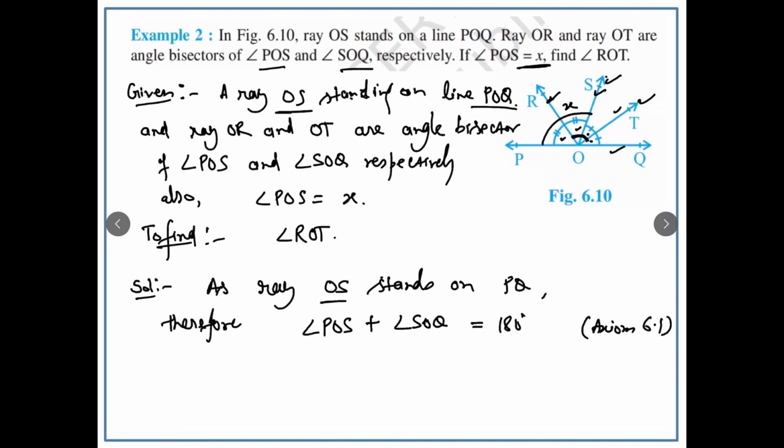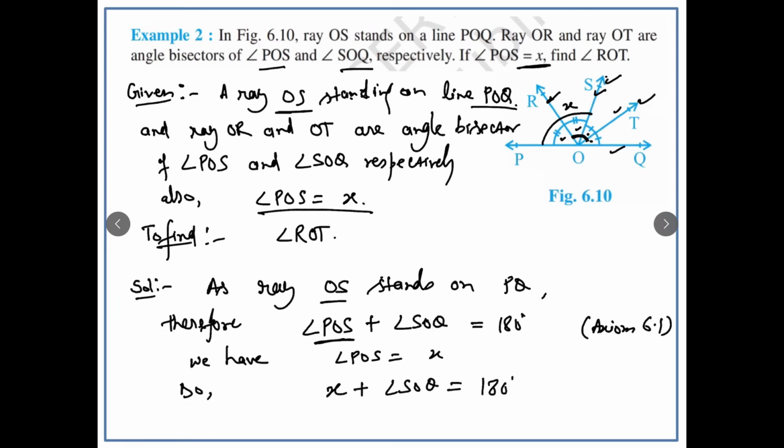Okay, and we are given that angle POS equals x. So in place of POS we'll write x plus angle SOQ is equal to 180 degrees.